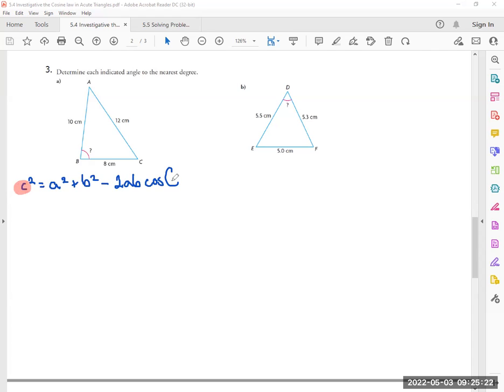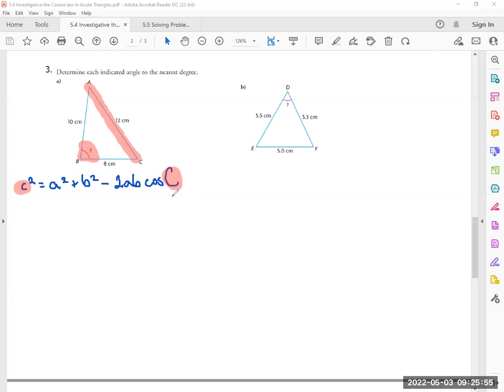The outer numbers here of this equation correspond to the angle side pair that you are interested in. So what is the angle side pair I'm interested in? For this triangle, what letter? In this particular case, I am interested in B, and the side pair that comes with it is 12.